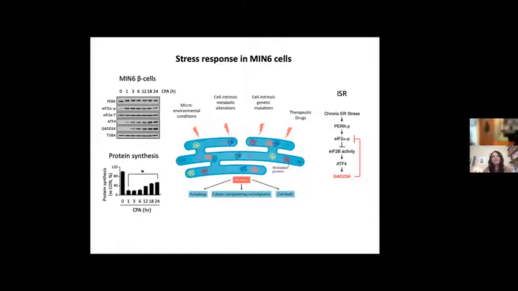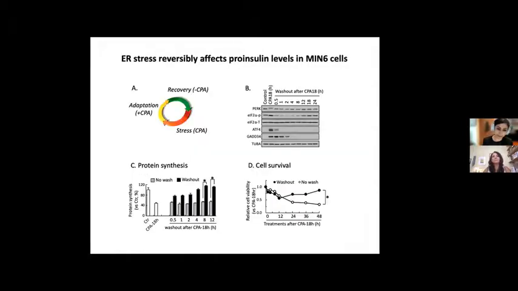This partial recovery of protein synthesis is very important, not to be full recovery, because full recovery will increase protein synthesis in the ER, and this will increase the load of protein synthesized in the ER and therefore the collapse of the beta cells.